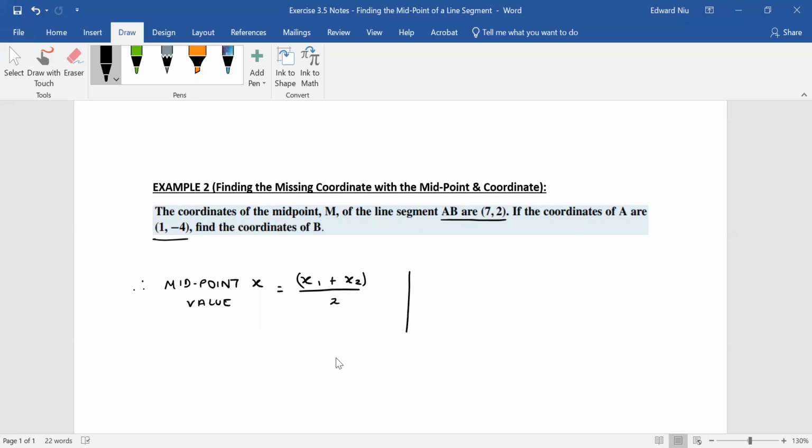And our midpoint y value is y1 plus y2 divided by 2.